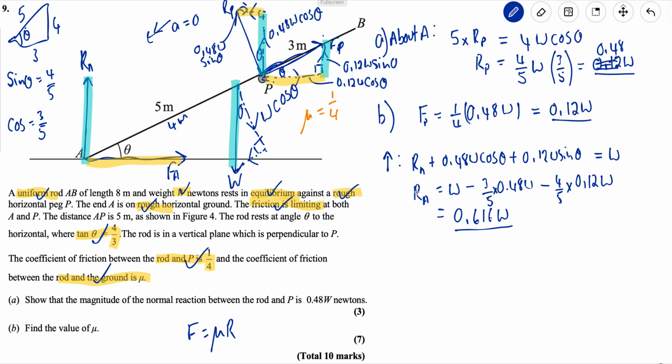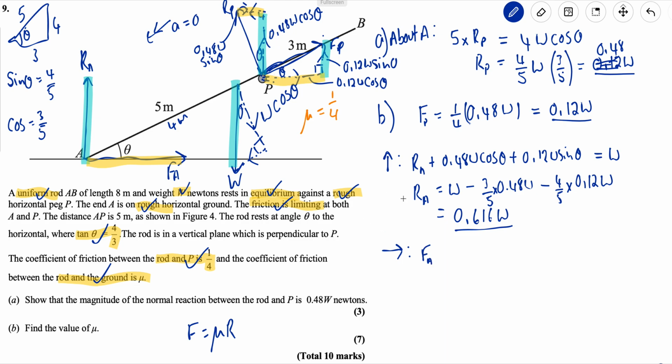Now I found the reaction at A, so now I need to find the friction in order to find mu. So friction is horizontal here, I'm going to resolve horizontally. So I've got a force going to the right of F at A. Any other forces to the right?